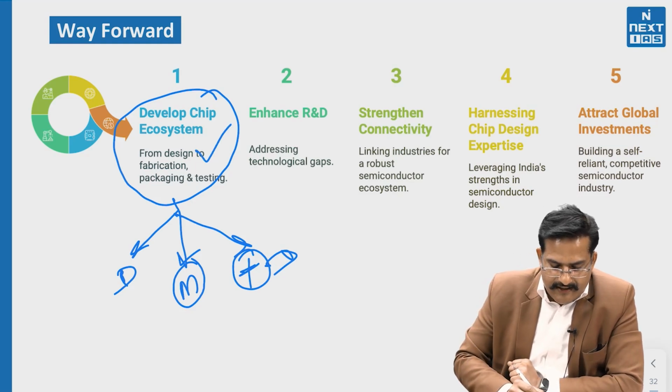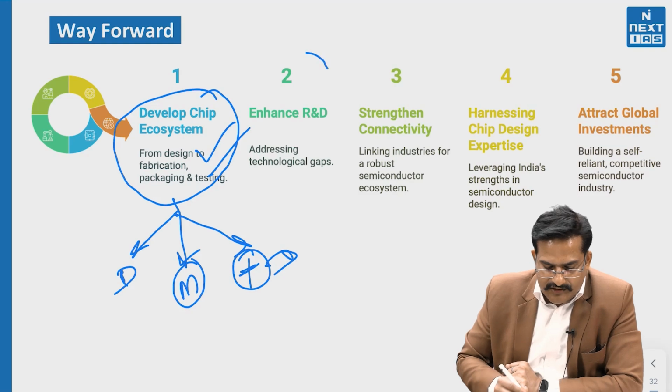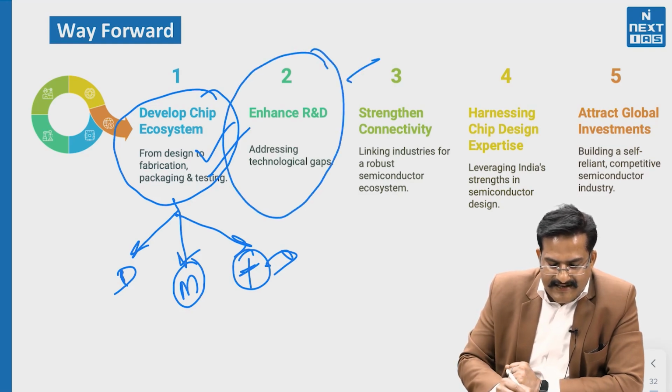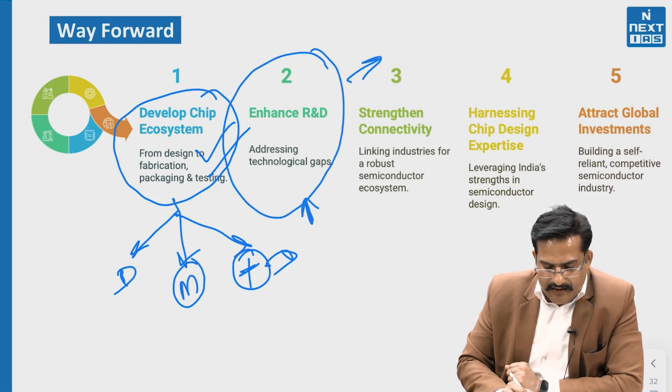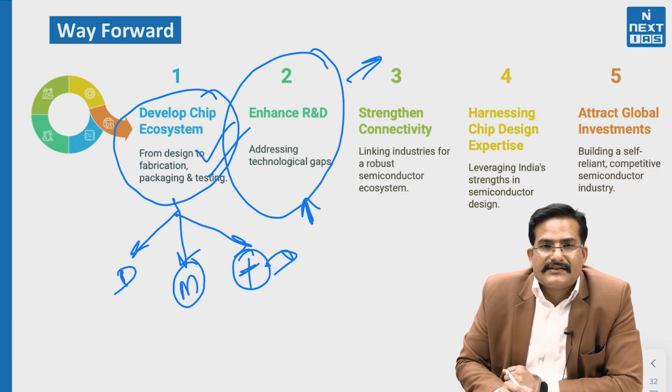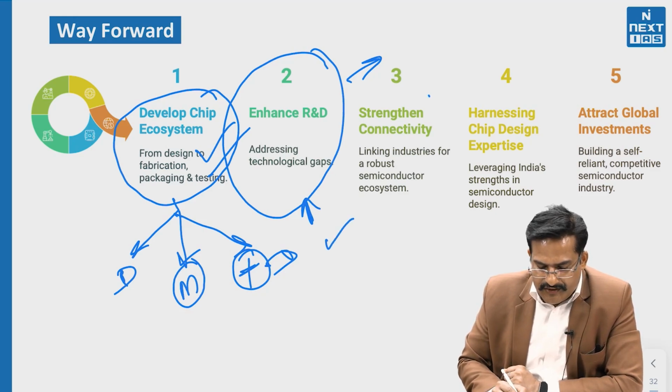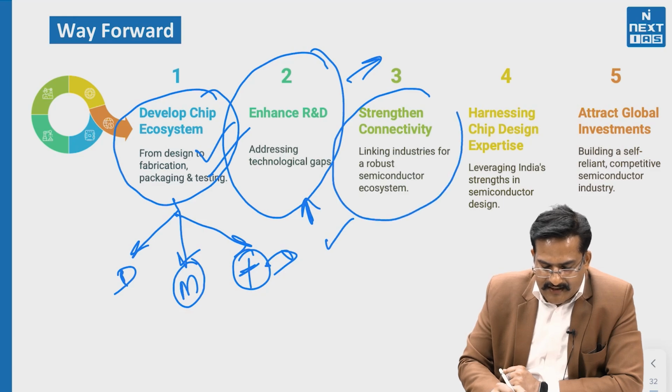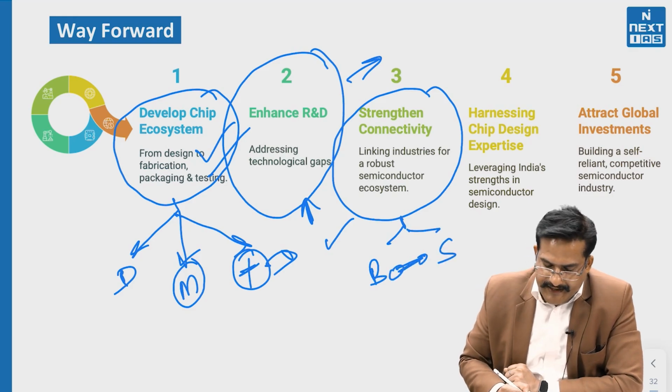So, we need the entire ecosystem to deal with it. Also, as the challenge, we need to enhance R&D, that is research and development, in semiconductor units. Also, we need to strengthen the connectivity so that from the buyer to the seller there should be a forward as well as backward link, right?